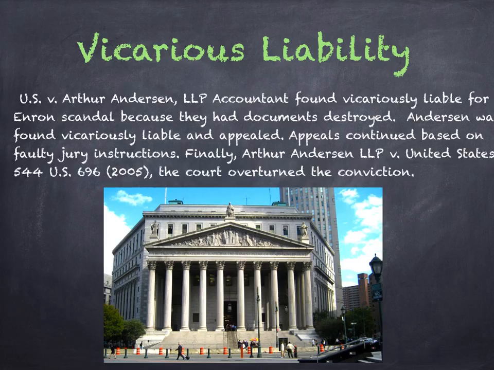Now, vicarious liability is the concept of being held liable for a crime that you did not commit, but you were somehow involved in. And U.S. versus Arthur Andersen involved an accounting firm for Enron. Evidently, he and his company were charged with the crimes in the scandal, and they destroyed a bunch of documents, so it was hard to get evidence.